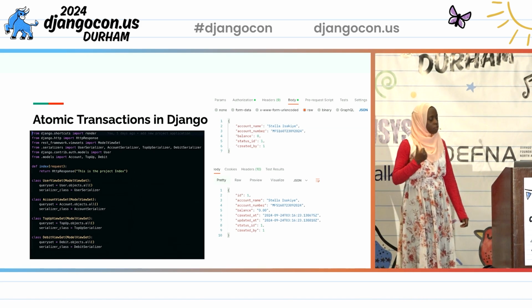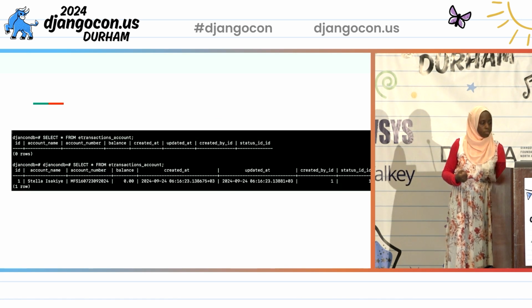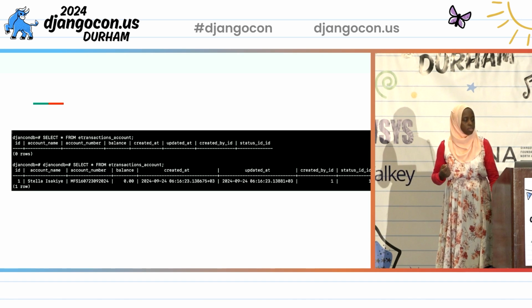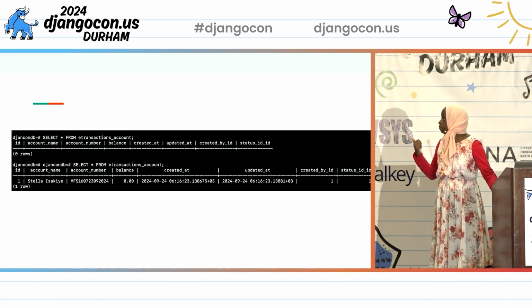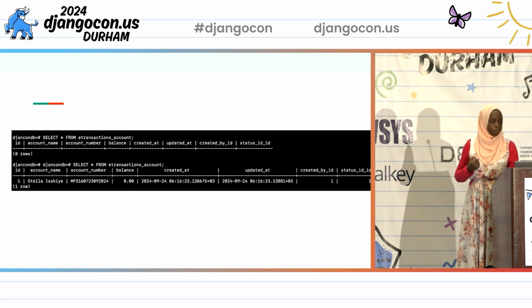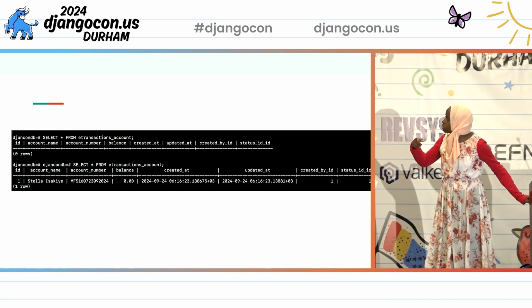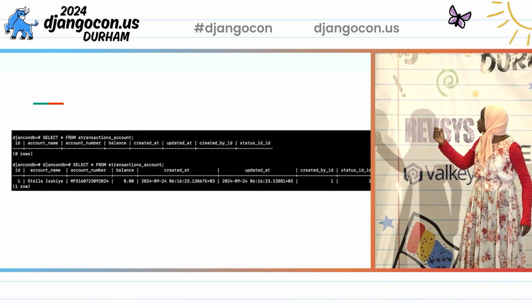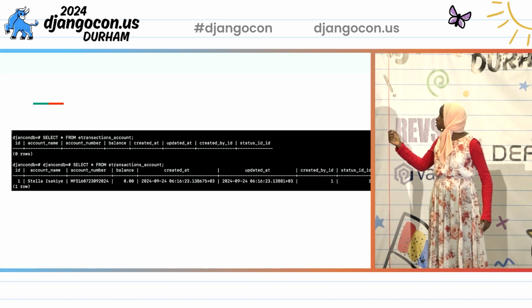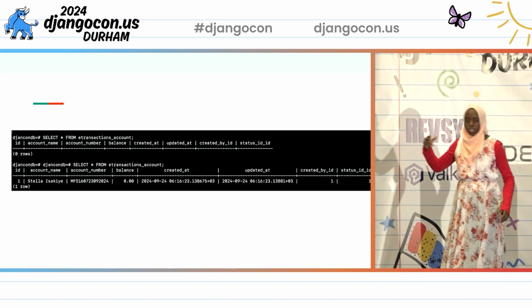After I run the creation of that API, you see the database shows that we have a record in there. I first checked the database before I ran the creation, and then I checked the database after, so you can see the difference.